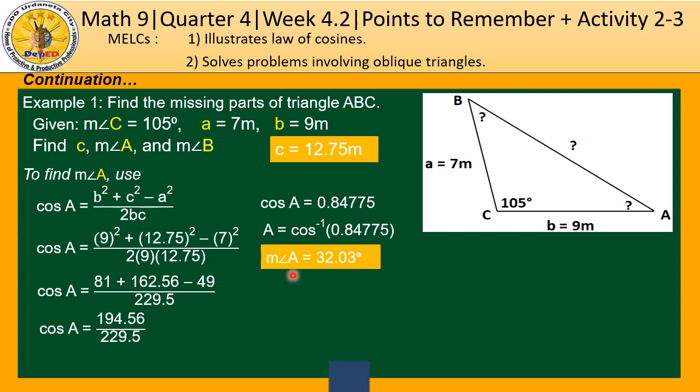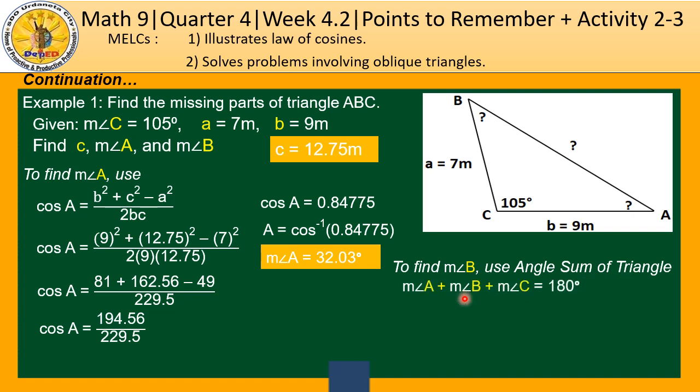So I have now the value of angle A, and from the given I have the value of angle C. We can now solve for the measure of angle B using the angle sum theorem of a triangle. The sum of the interior angles of a triangle is equal to 180 degrees.